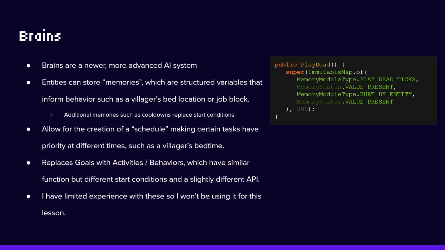They have the same start, tick, stop, and conditions, but are a little different. They can have a duration; play dead runs for 200 ticks, which I believe is about 10 seconds. I haven't actually used a brain for anything, so I'm not going to cover it, but those exist if you want more complex logic.